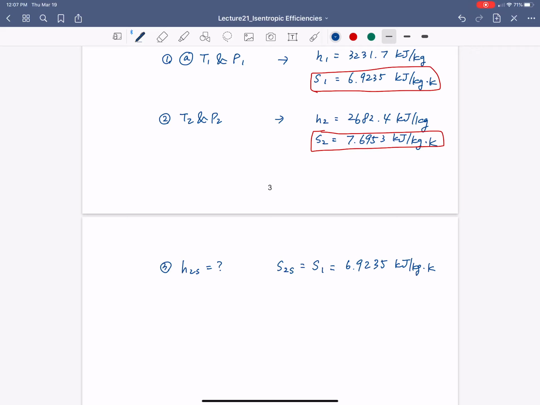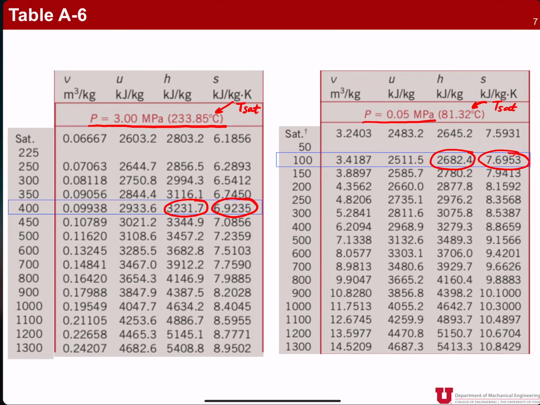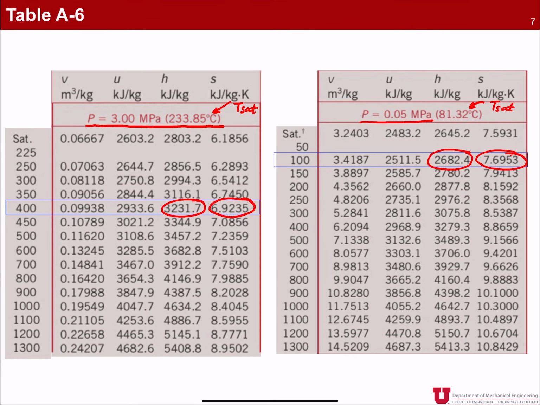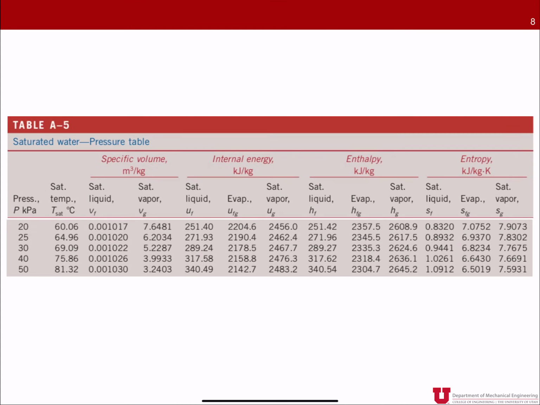Now, in order to estimate where that point is located, we actually have to compare this entropy with the entropy of the saturated liquid and vapor mixture, and we see the saturated liquid entropy Sf and saturated vapor entropy Sg at 50 kilopascal.